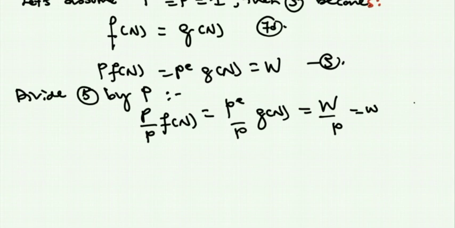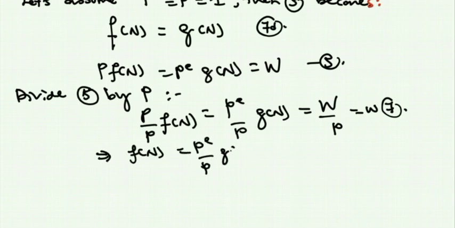Let's say I put 7 for instance. So here, I can simplify it further. I can have Fn equals to PE over PGn equals to real wage. So this is also 7. If I simplify further, it becomes 7.